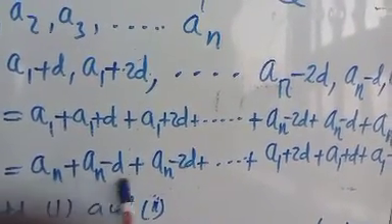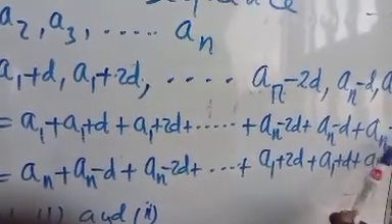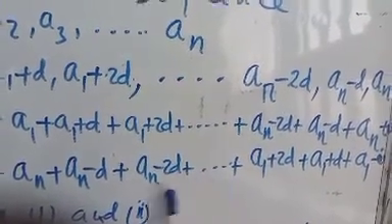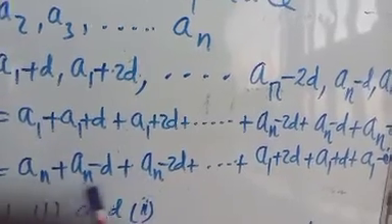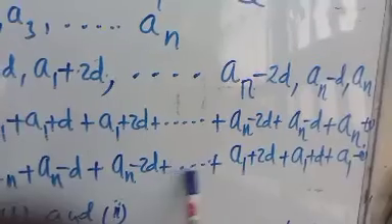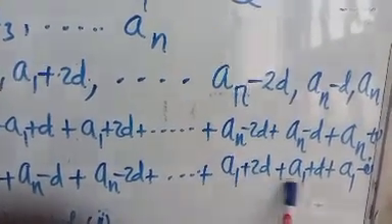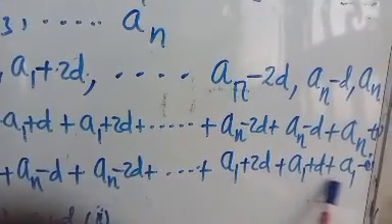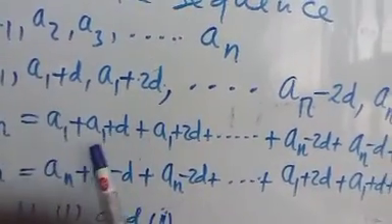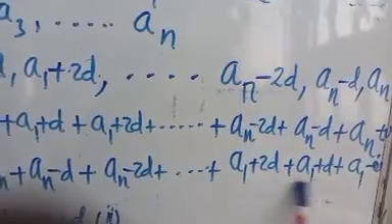These are the terms which were last in equation number 1, so we write them while reversing, and we continue. Then the terms which started equation number 1 will be the last terms in equation number 2.